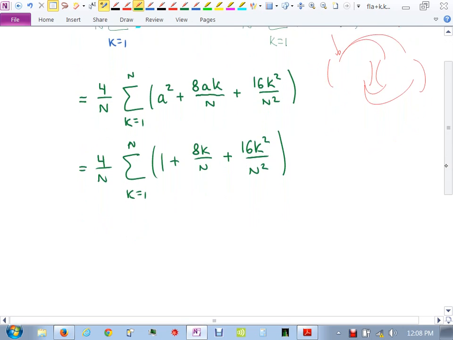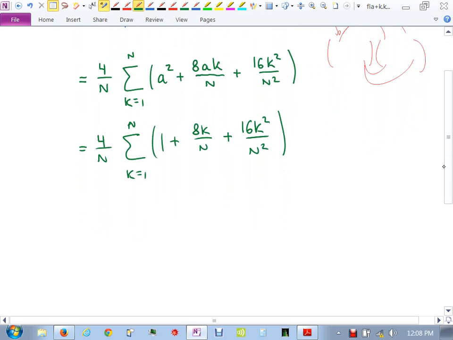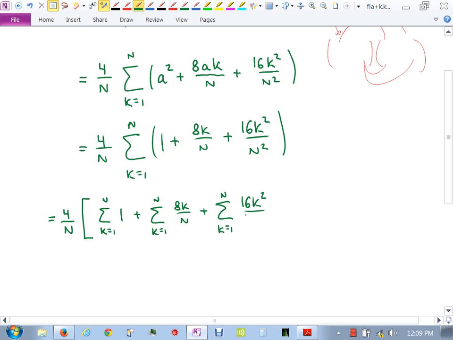Now we had a property a little while ago that said that if we have a sum and there's things being added together, we could break it into separate sums. That's what I'm going to do now. I'm going to leave the 4 over n on the outside. Then I'm going to do sum k equals 1 to n of 1 plus sum k equals 1 to n of 8k over n plus sum k equals 1 to n of 16k squared over n squared.